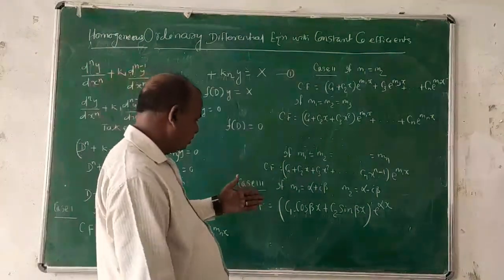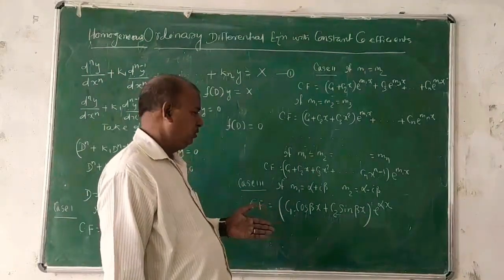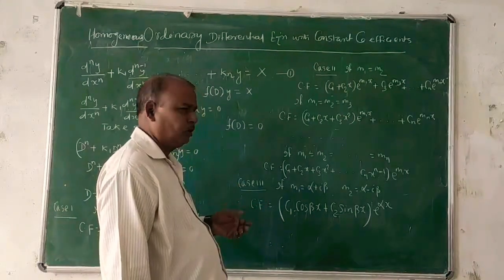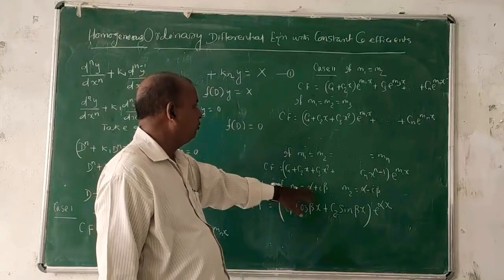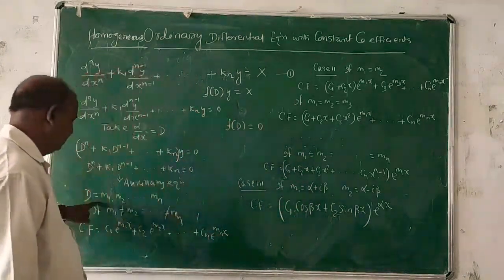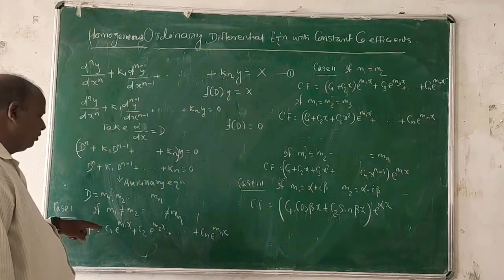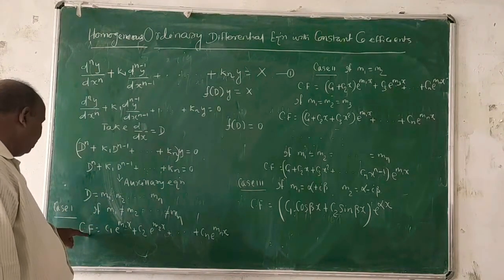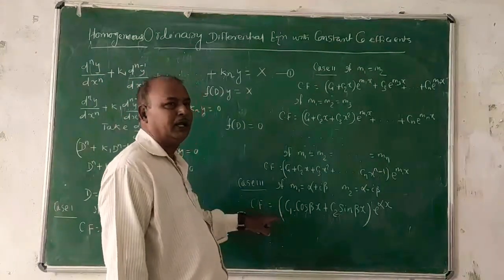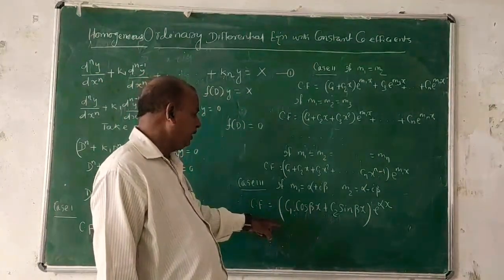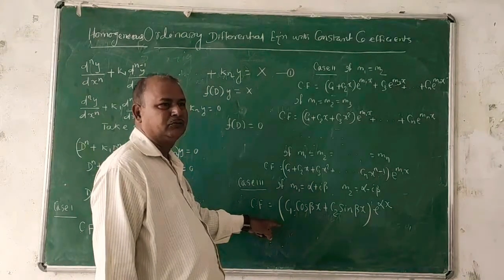These derivations are not in your syllabus, but in order to derive it, you may take help of Euler's formula. Using the distinct roots case, you take m1 and m2 like this and apply Euler's formula, and you will obtain that the complementary function is e^(alpha x)(C1 cos(beta x) + C2 sin(beta x)).